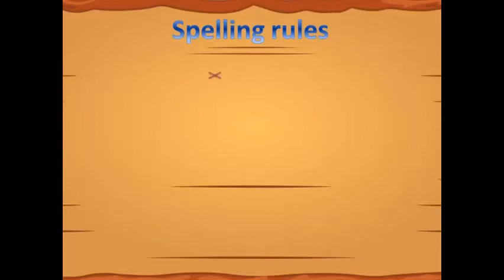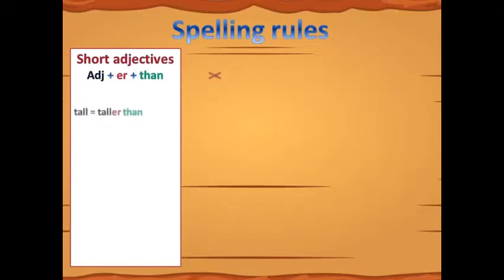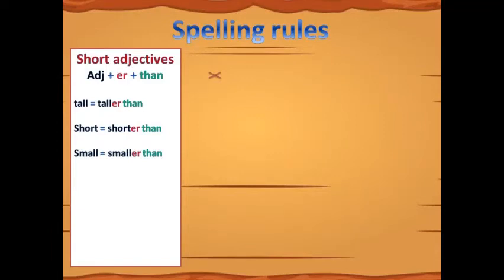So is it always the adjective plus er plus than, or do we have other rules? Let's see. If we have a short adjective, we take the adjective plus er plus than. Tall, taller than. Short, shorter than. Small, smaller than. Cold, colder than.